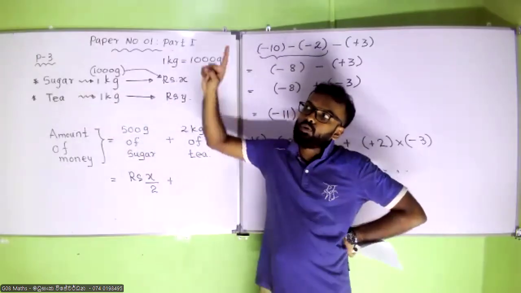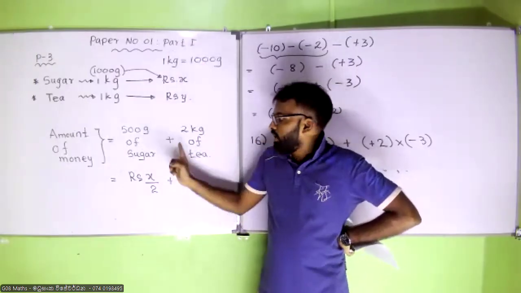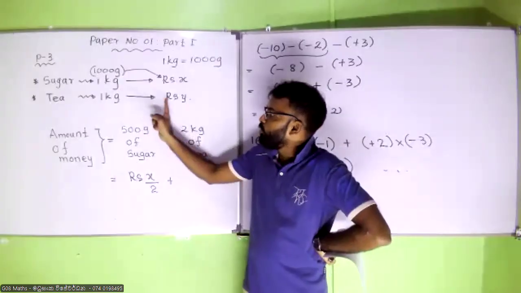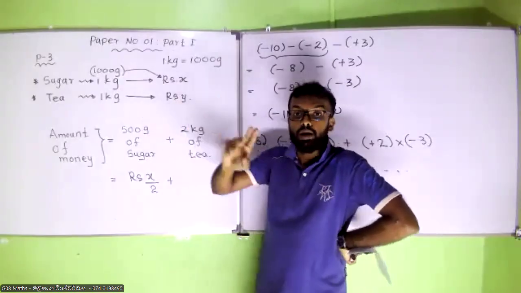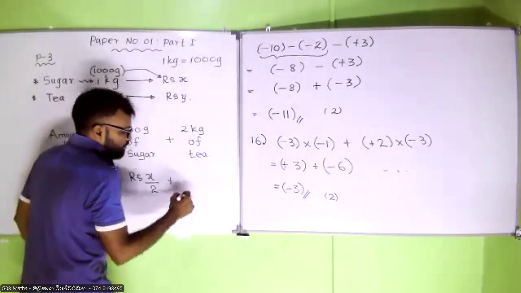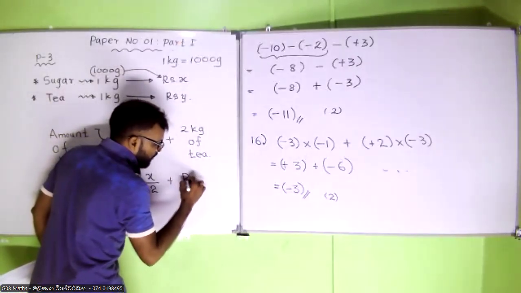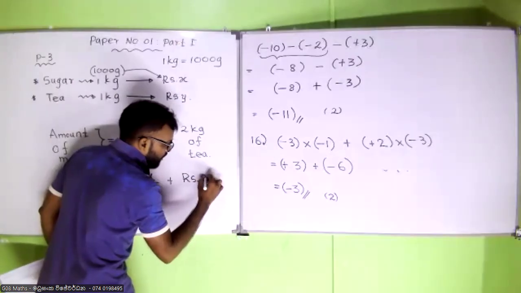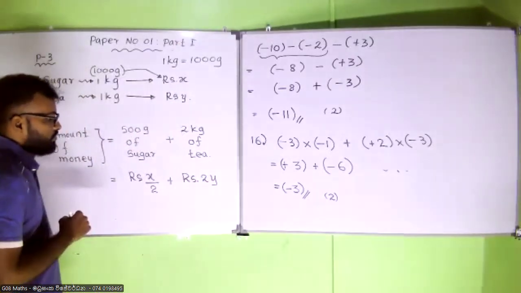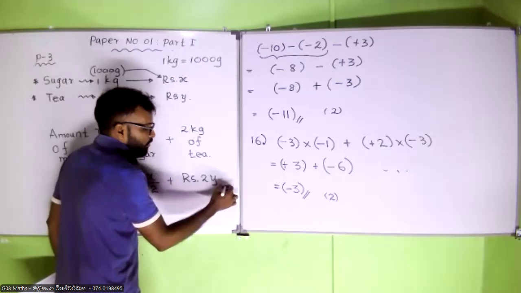I want to get for 2 kilograms, so I am going to multiply this y rupees by 2. So 2 times y. So this is my expression for the total money.